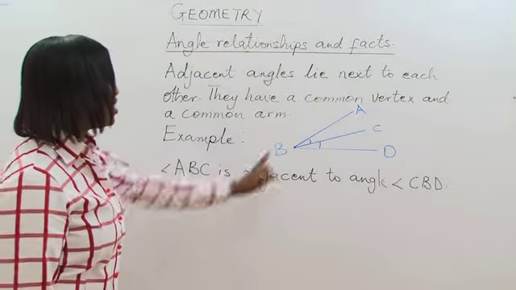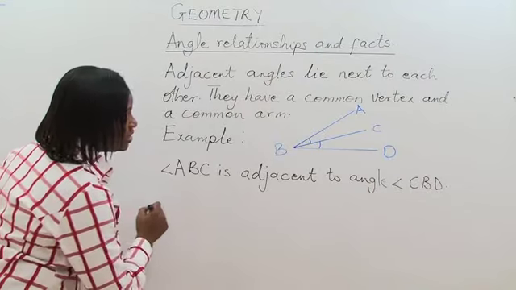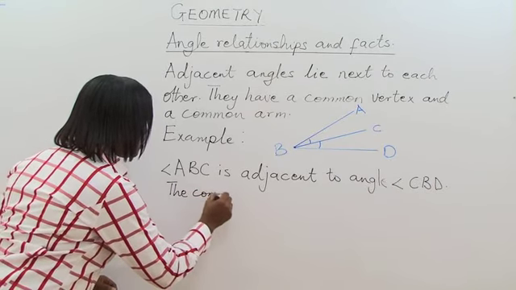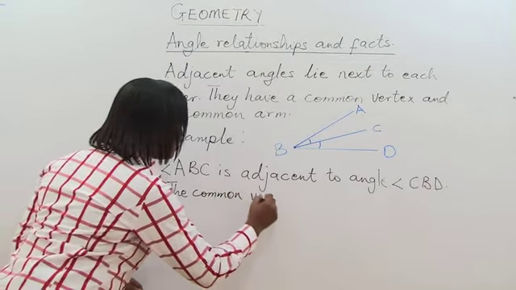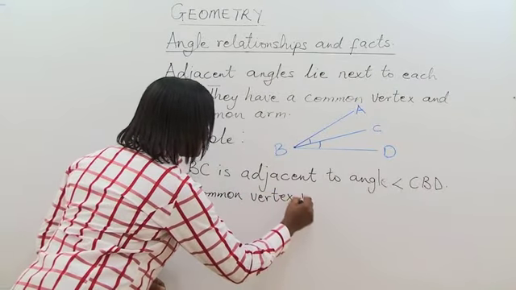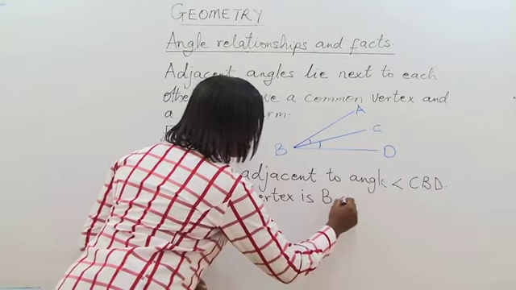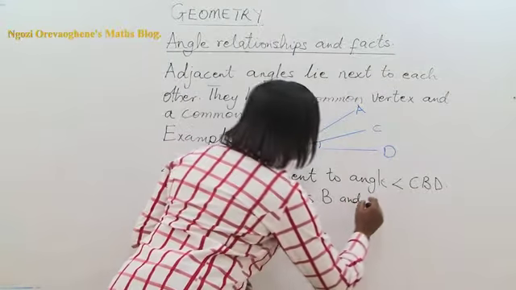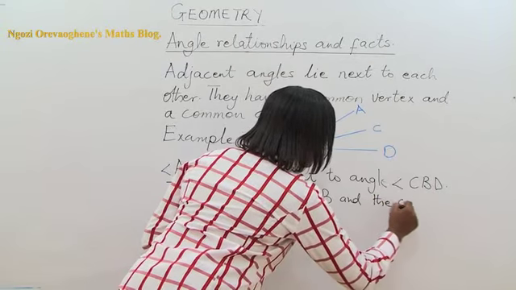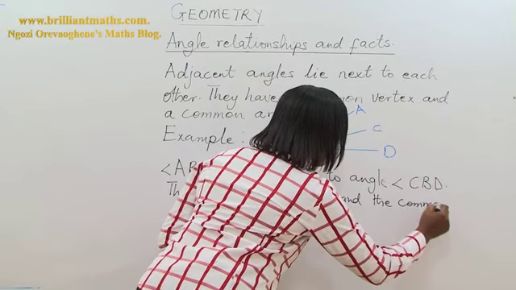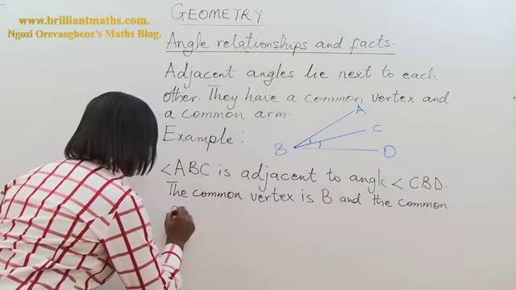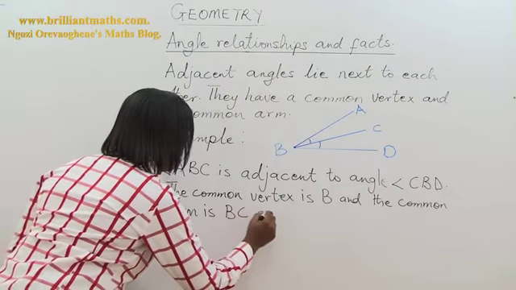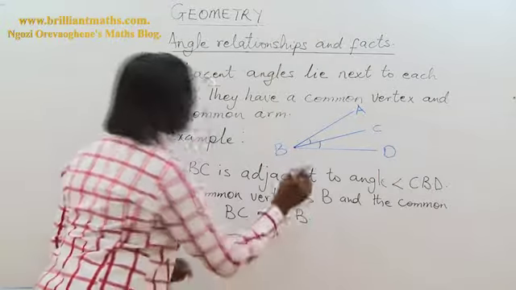So like we said, the common vertex is at B, and the common arm is BC or CB.